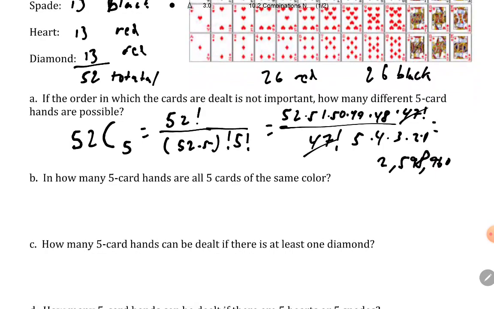And how many 5-card hands are all 5 cards of the same color? Okay, so we're going to combine the fundamental counting principle with our combinations. So we take the number of color combinations times the number of card combinations.